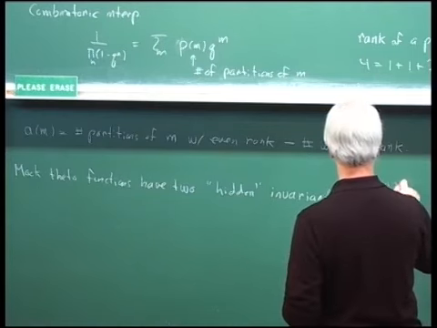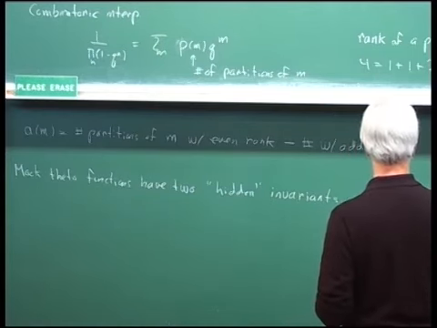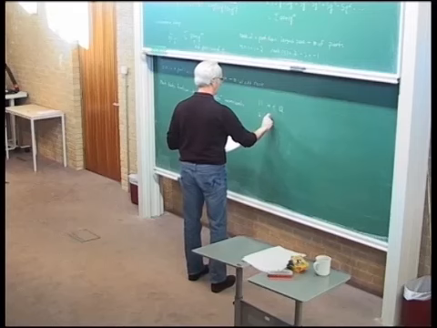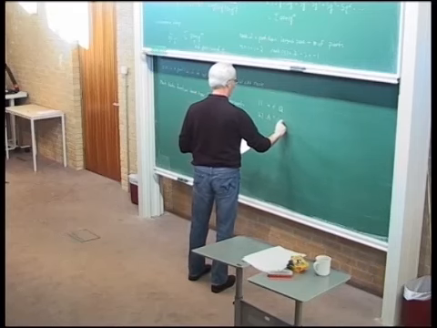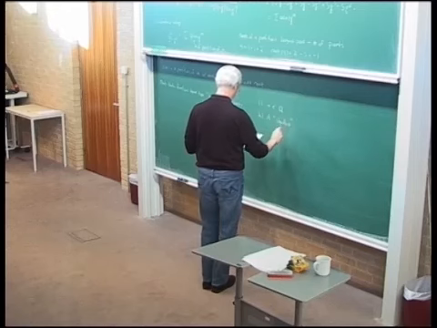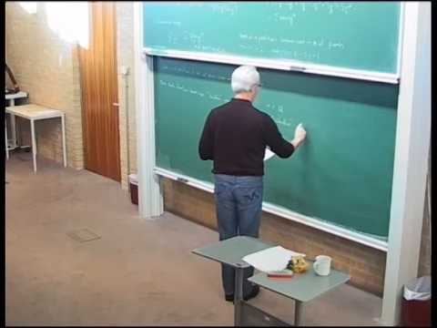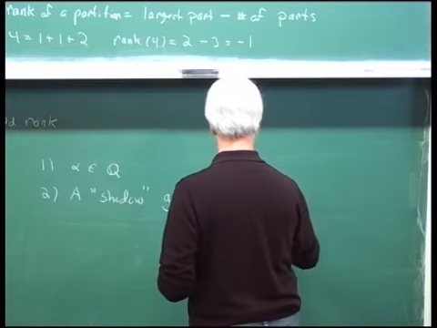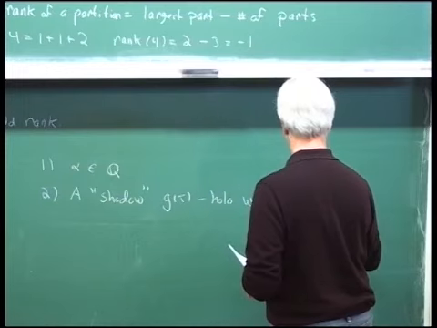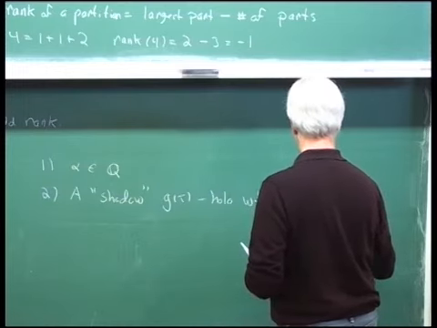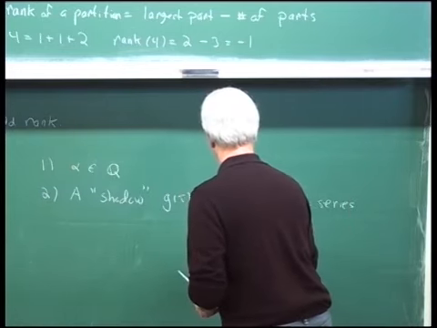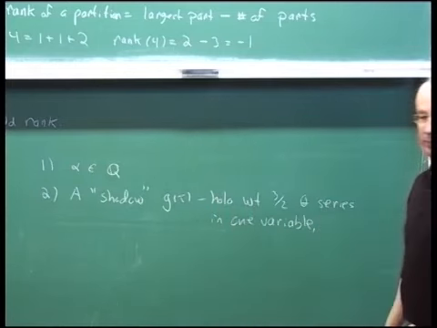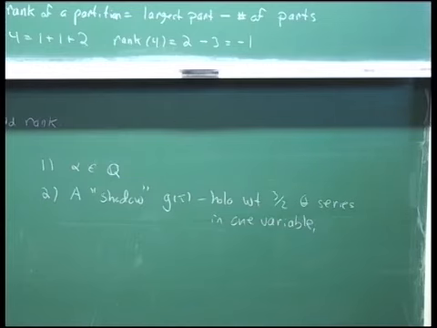One of these is a rational number, and the second is something called a shadow, g(tau), which is a holomorphic weight 3/2 theta series in one variable. And I'll give you some examples of such theta series in a minute.